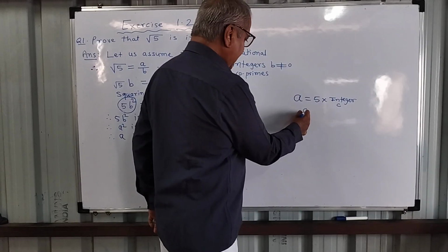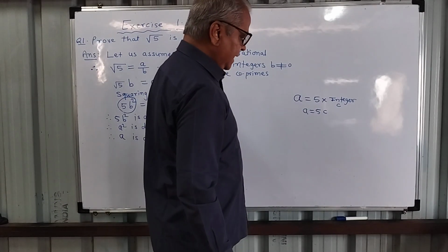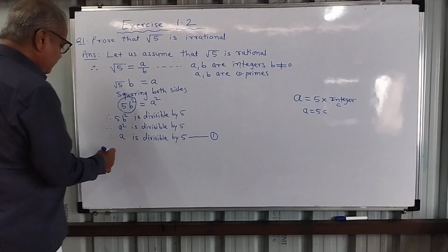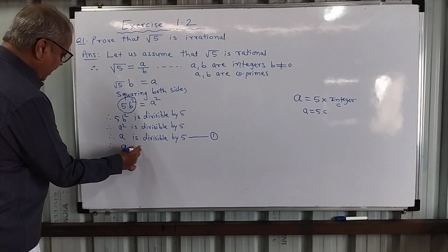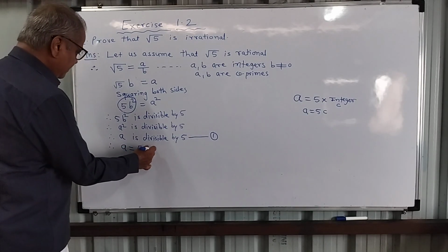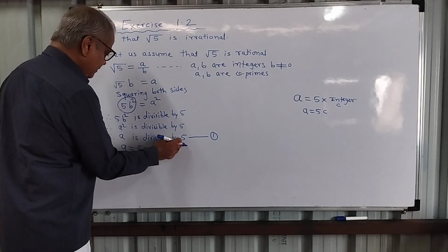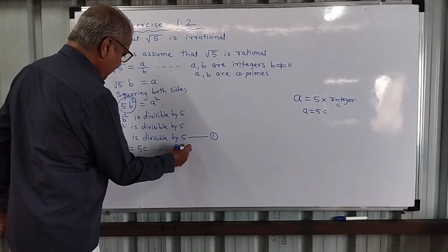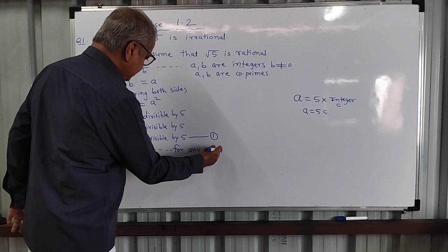That means a can be written as 5c, where c is any integer. So therefore a can be written as 5 into c, for any integer c.